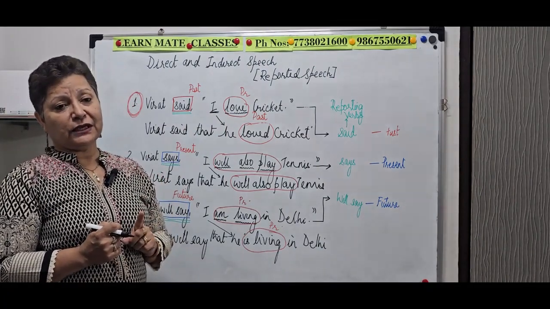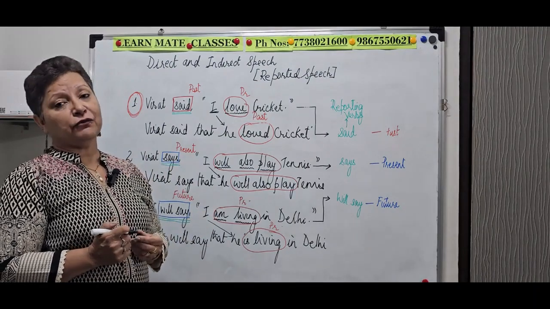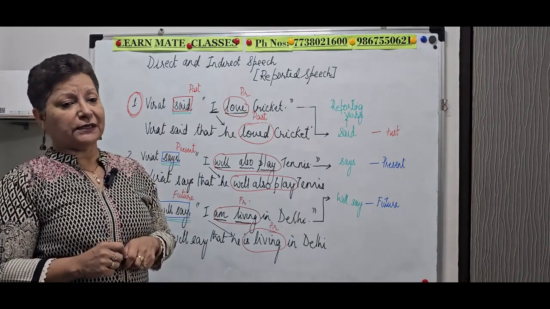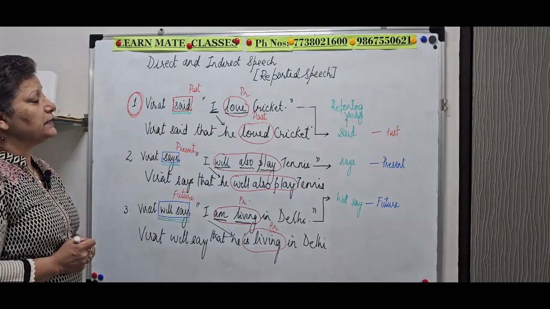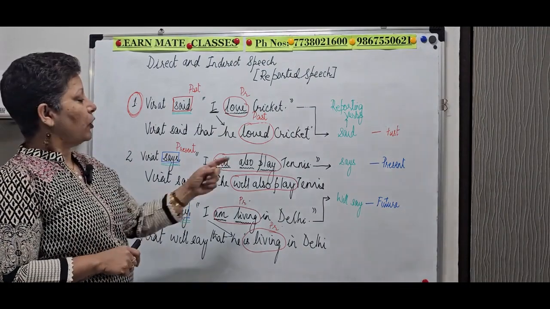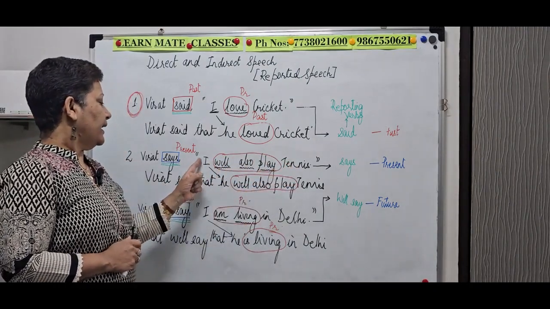Neither has the meaning changed, nor what was being conveyed. We have to be very, very careful that we do not change the sense of the words. And how do you achieve that? The rest of the words will continue in the same manner. I will copy them verbatim. Verbatim means word for word. Tennis, tennis.